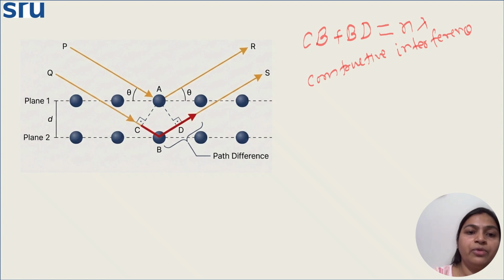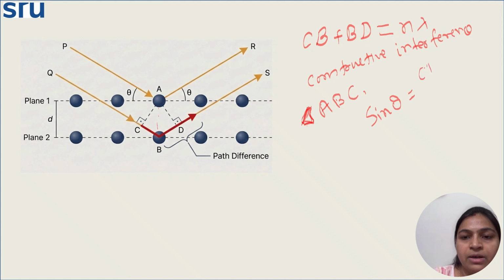Now if we consider the triangle ABC, then we can write that sine theta is equal to CB divided by AB.